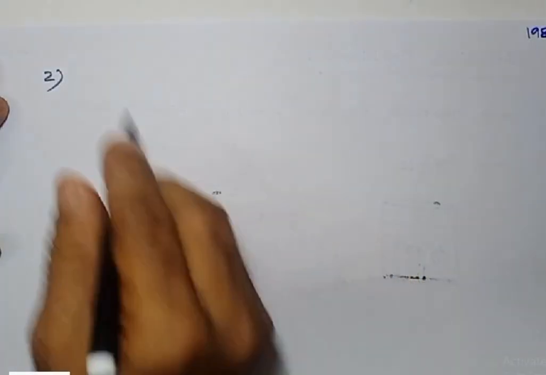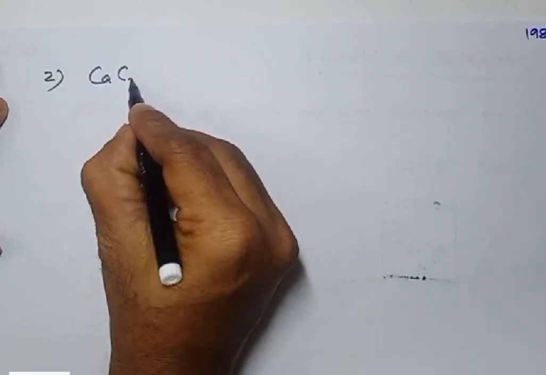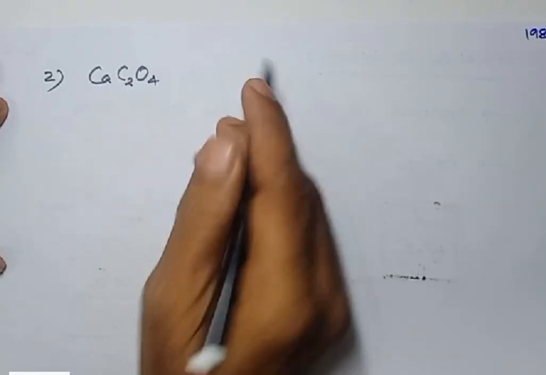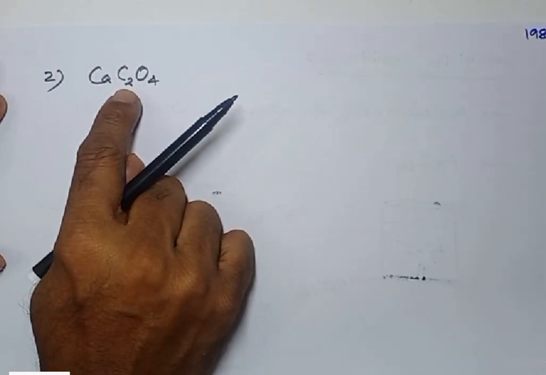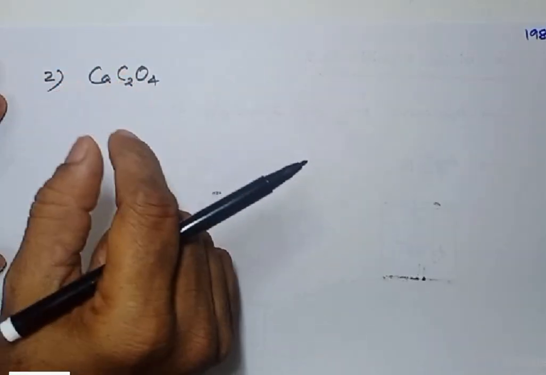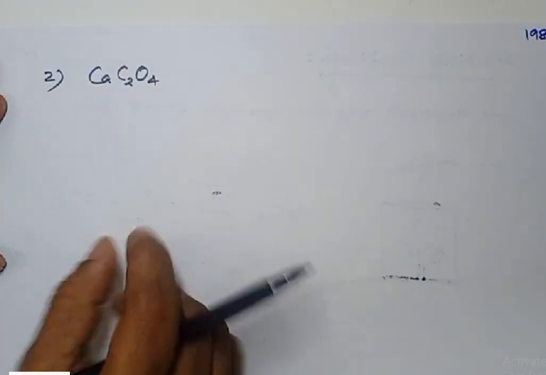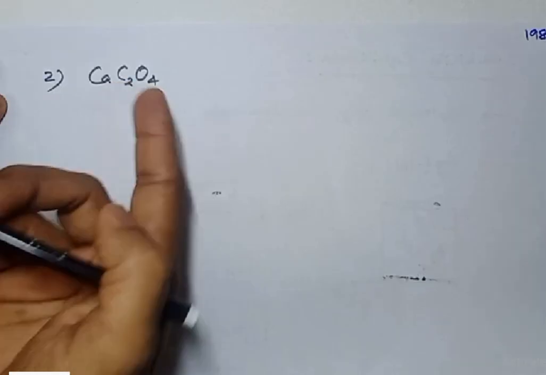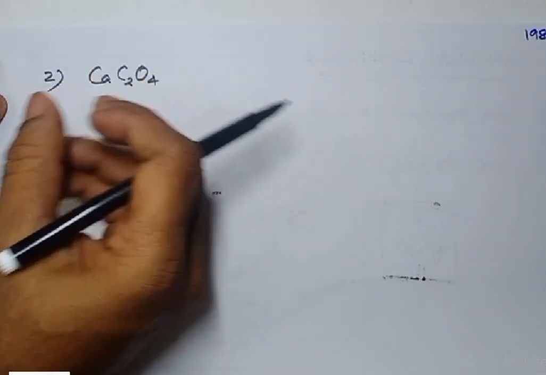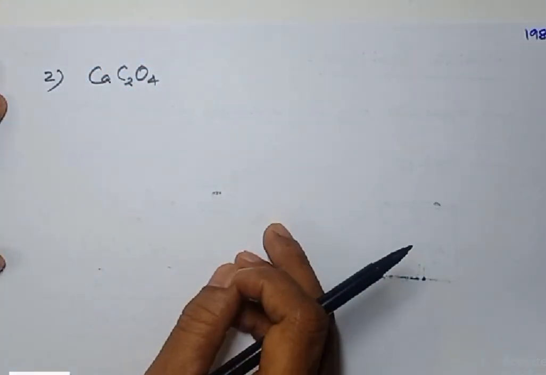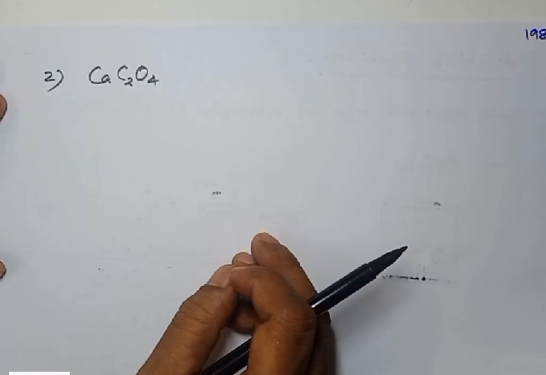Now, let me give another example. Say, I'll take calcium oxalate, CaC2O4. Calcium oxalate actually settles down as solids in the kidney. This is one of the solids that usually settles in the kidney as a kidney stone.